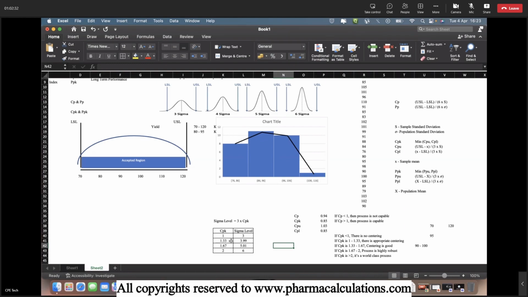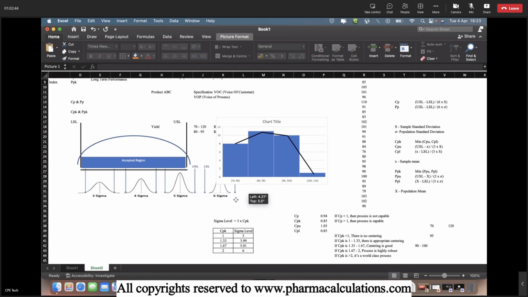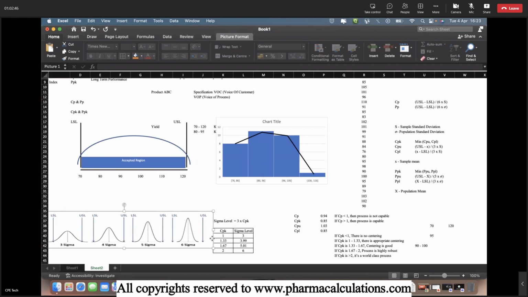If Cpk is 1.33, the sigma level is 4. If Cpk is 1.67, the sigma level is 5. If Cpk equals 2, the sigma level is 6. So you can check these graphs and correlate.